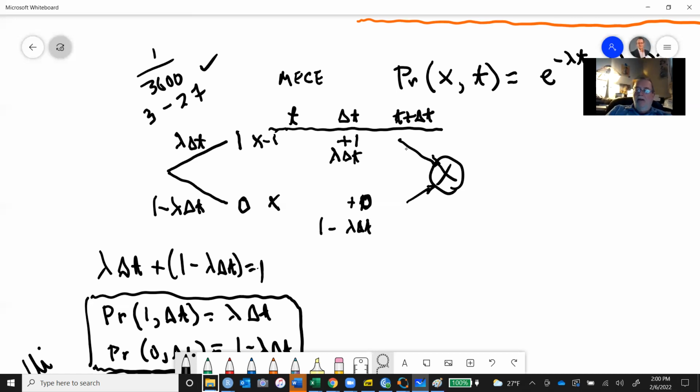I remember we were modeling this. Here's t. Little time interval. t plus delta t, as you can either have 1 come in or none come in.